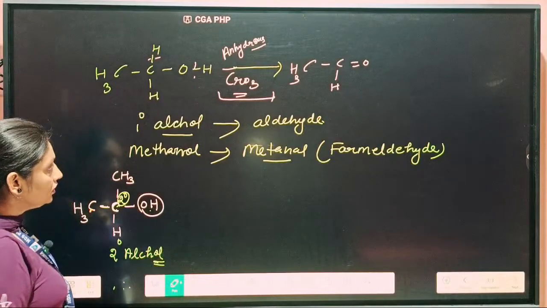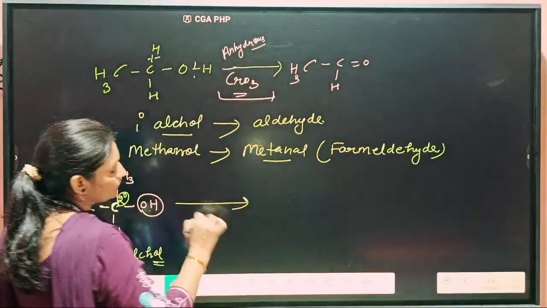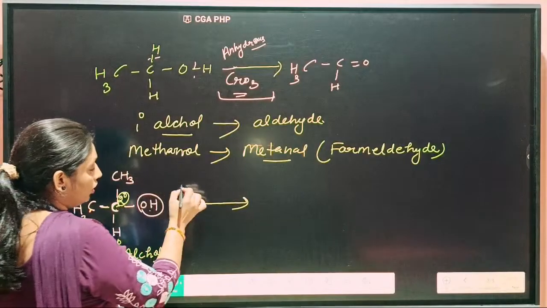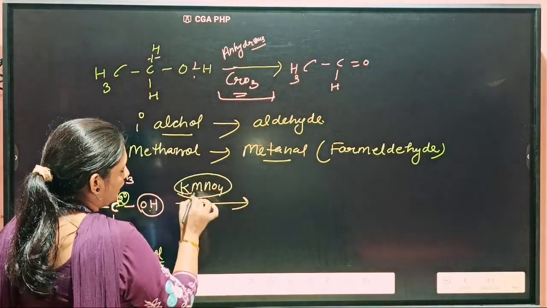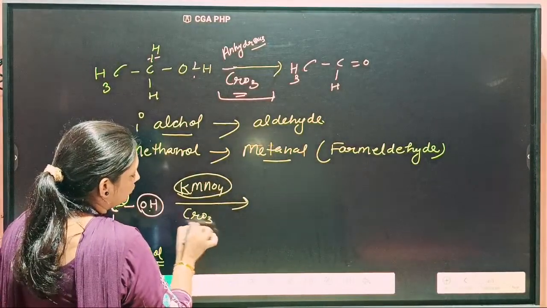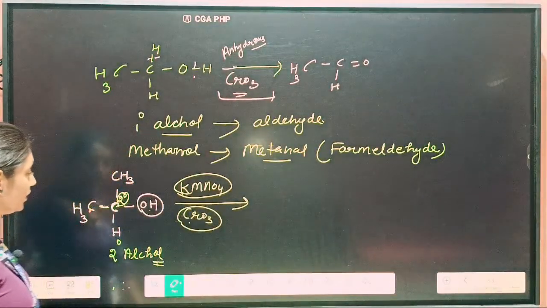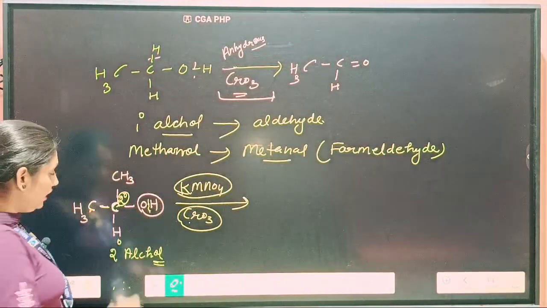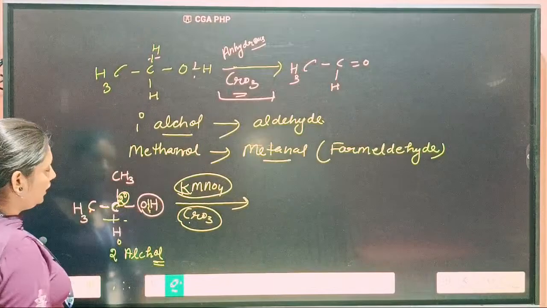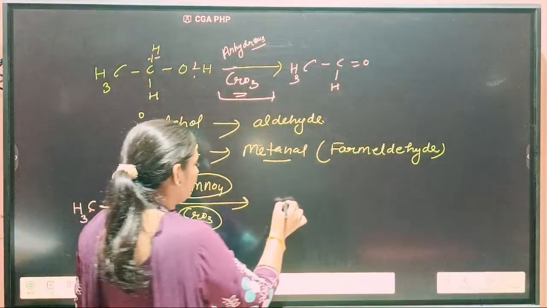So students, from oxidation of this, we can take either this one or this one. So we can remove one hydrogen from here and one hydrogen from here. So finally what we will get?